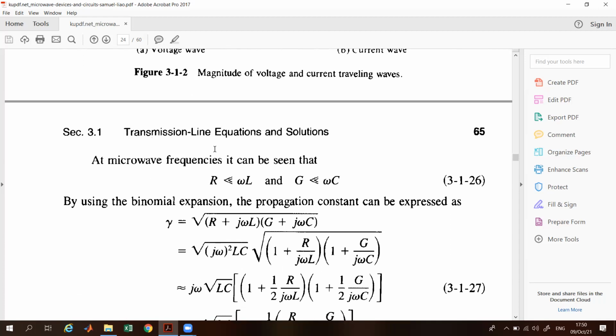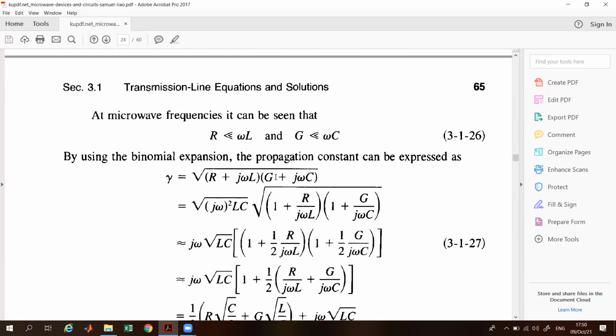At microwave frequencies, R is much less than omega L and G is much less than omega C. Now, if you use a binomial expansion for them, you need to make each side equal to 1 plus x raised to some power.